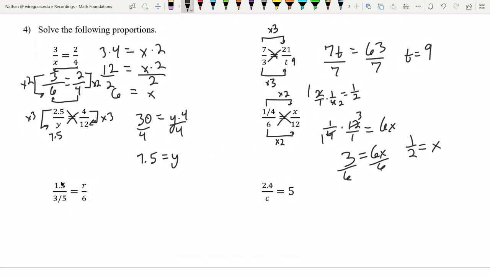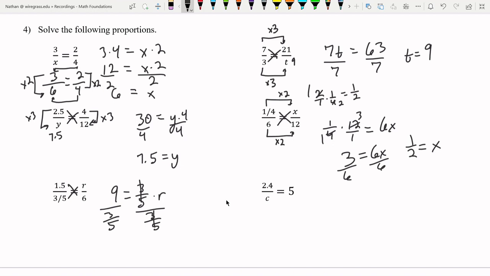Okay, for this one, I'm not seeing an easy way to check the solution, like I did in the previous ones. So I'm just going to do cross multiplication. 1.5 times 6 is 9. And 3/5 times r. Divide by 3/5. Those cancel.